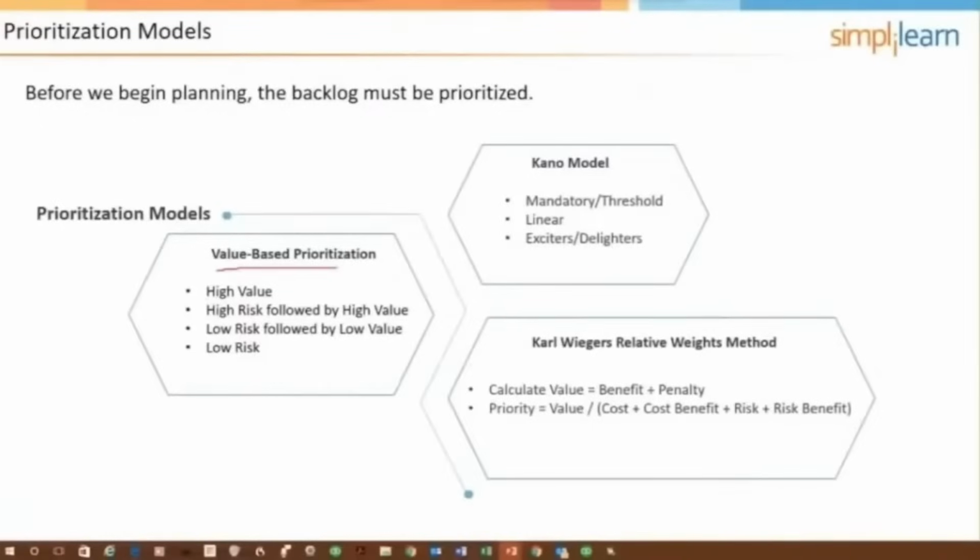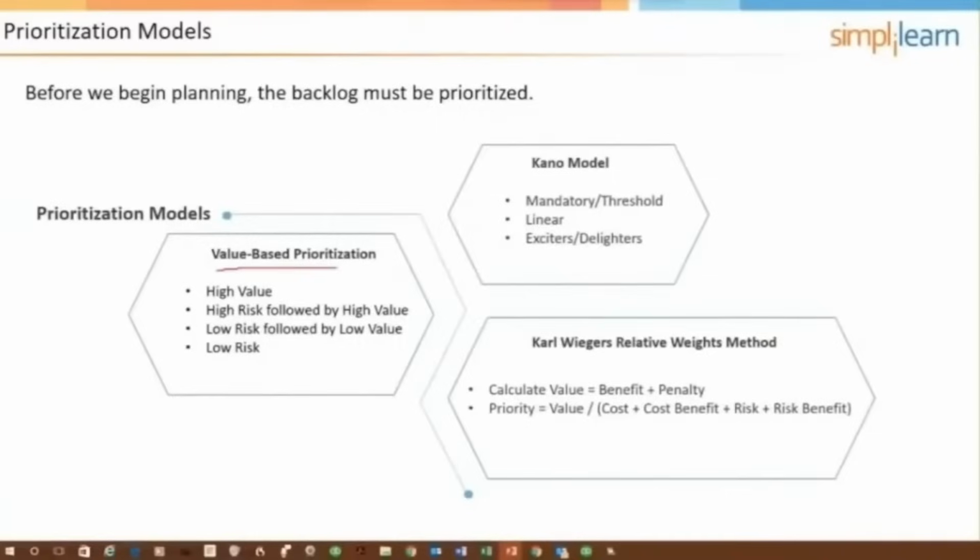So that's the Kano model, and then there's Eager's relative weighting method. And this is all using numbers. So each feature is given a value for its benefit, and given a value for its penalty, meaning what's the pain if that feature or function is not included.